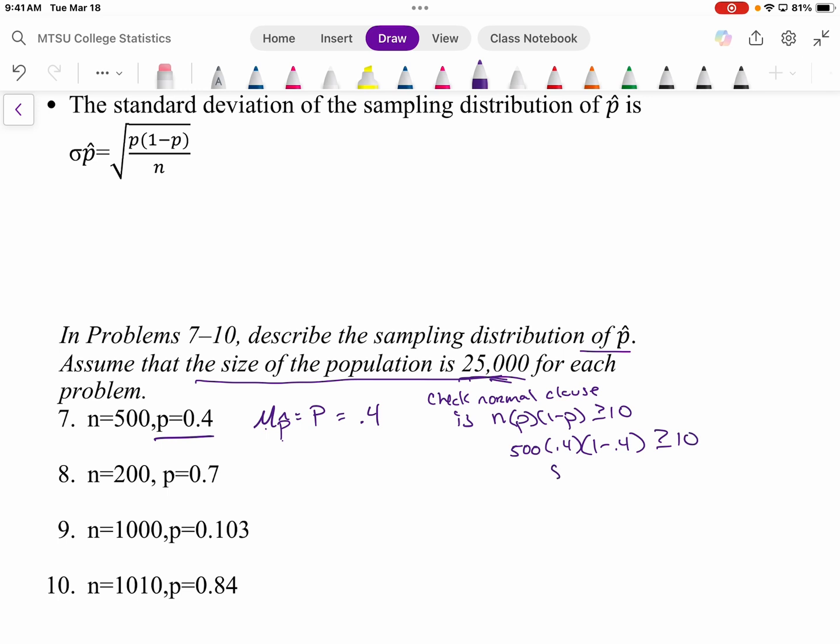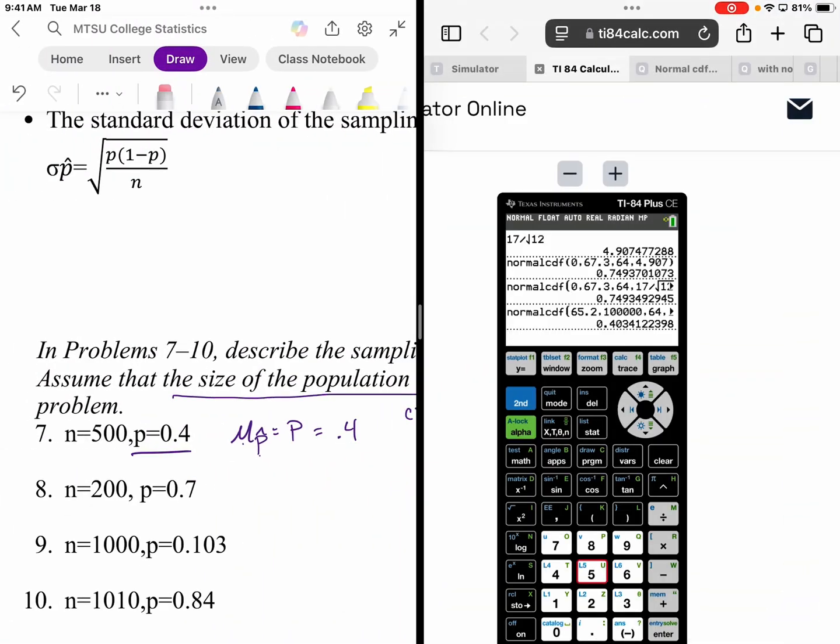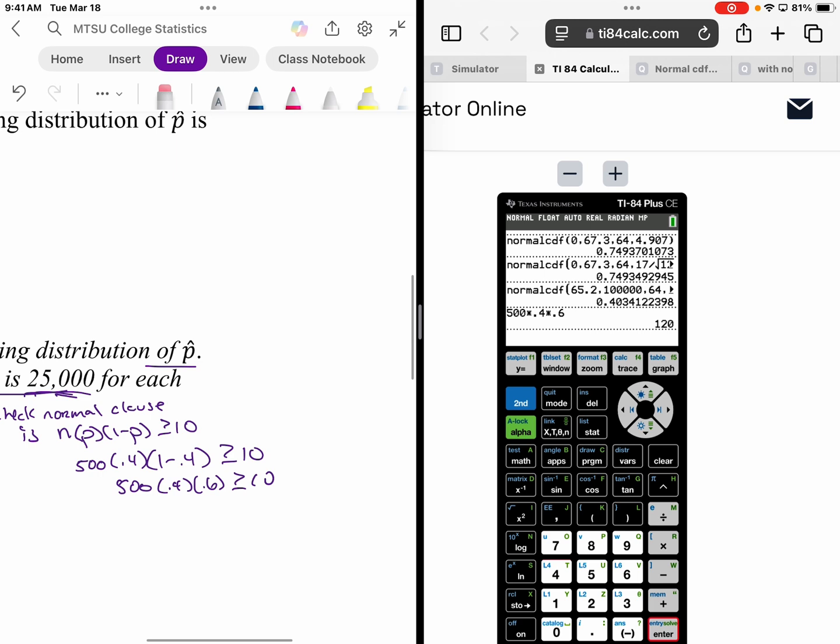All right, so that's 500 times 0.4 times 0.6. We'll grab our calculator and make sure we do that math correctly. So 500 times 0.4 times 0.6, that's 120. So 120 is greater than or equal to 10, so approximately normal.